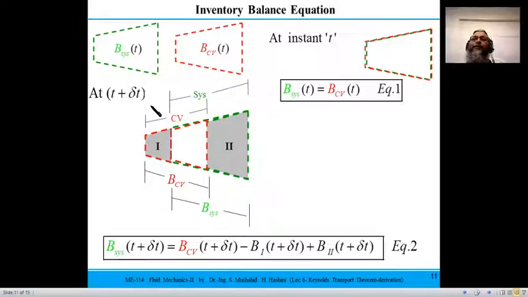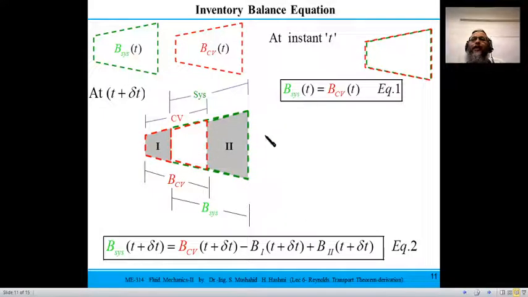And some part of B is common to the control volume as well as to the system, which I am representing like this. So my system after delta t time has elapsed would have the extensive quantity of this part plus this part minus this part.